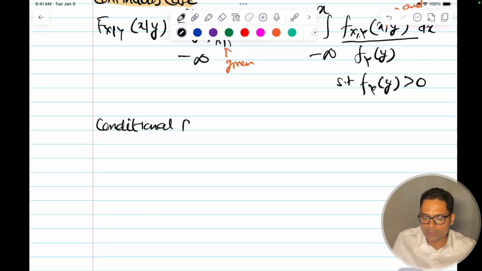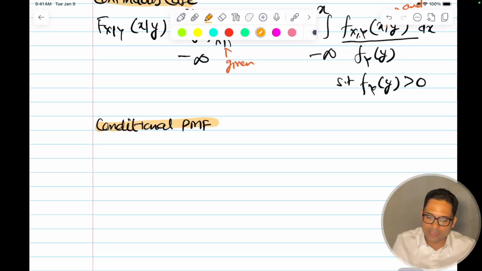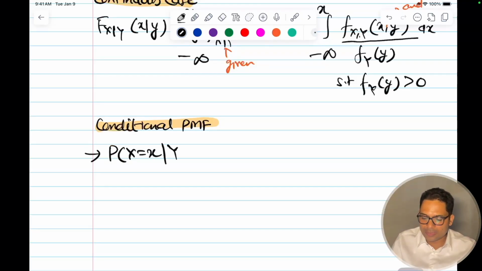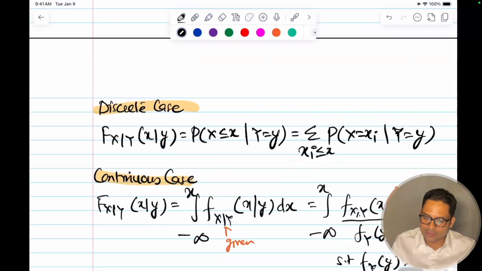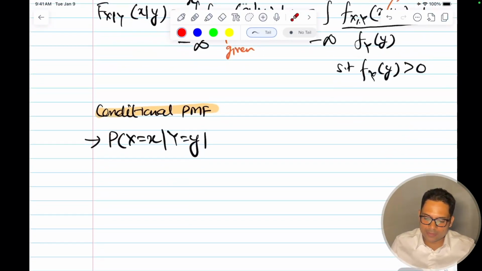So I'll always cover all the cases. Okay. So the CDF concept is common to both discrete and continuous, and then I'll give you the concrete for conditional. This is for the discrete case. The conditional PMF would be the probability of X is equal to x at a particular point. Now this is not less than or equal to. Here you see this is less than or equal to, this is cumulative. And here this is at a particular point.